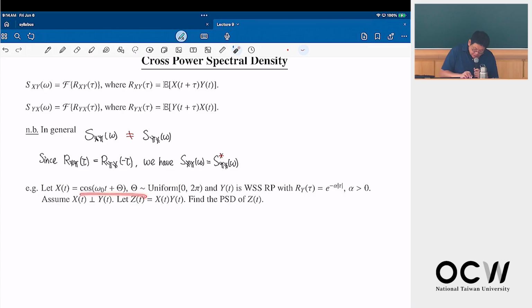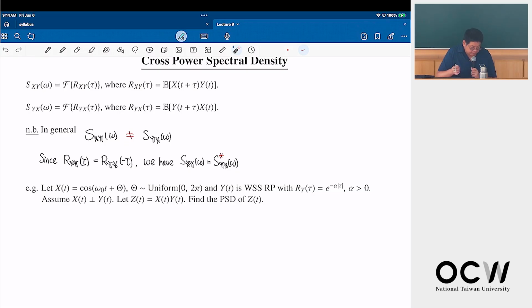Let's quickly review the requirements for wide-sense stationary. Your mean should be a constant or 0, and your autocorrelation should be a function of the time difference.